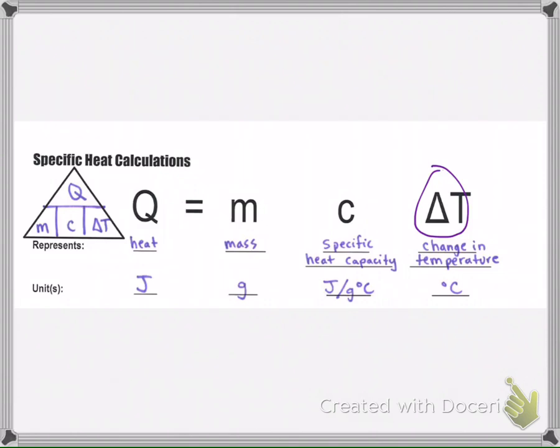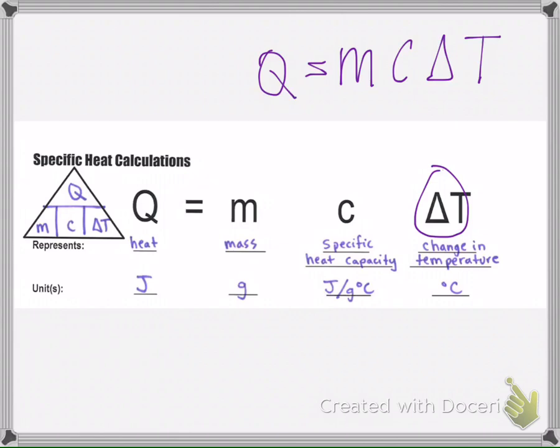I heard it in high school and also in college. Whatever helps students remember it, Q equals MC delta T, or you can also call it Q equals MCAT.